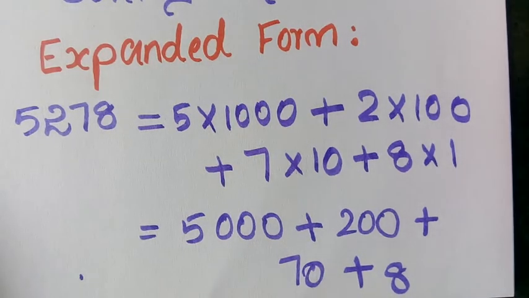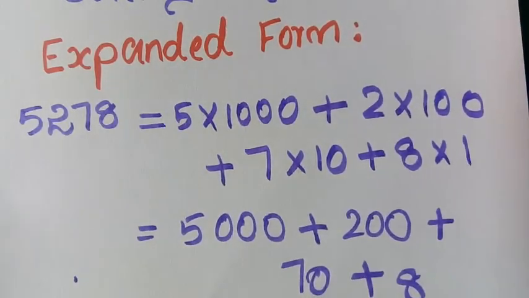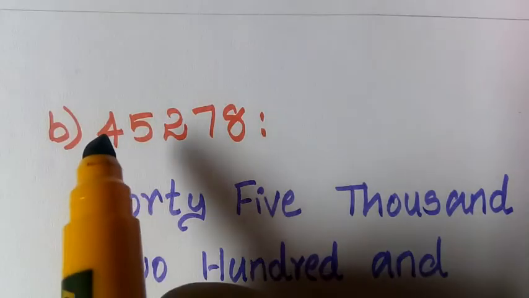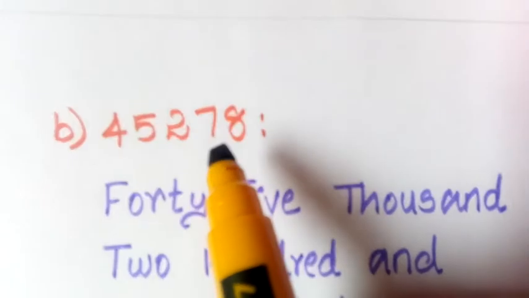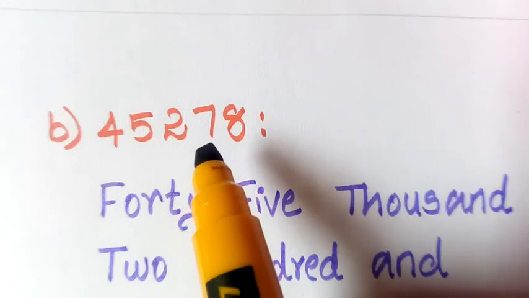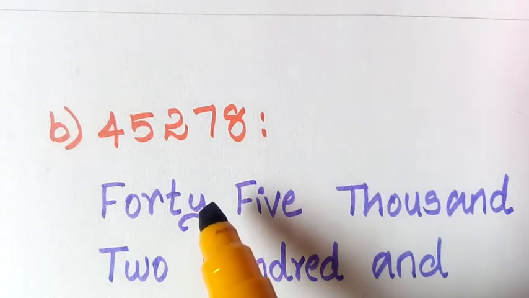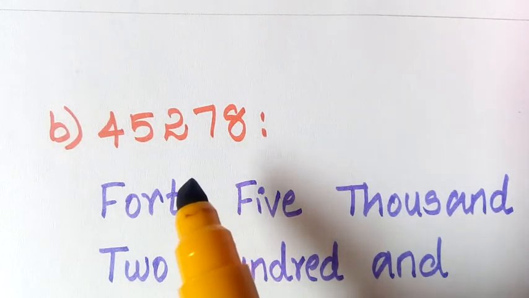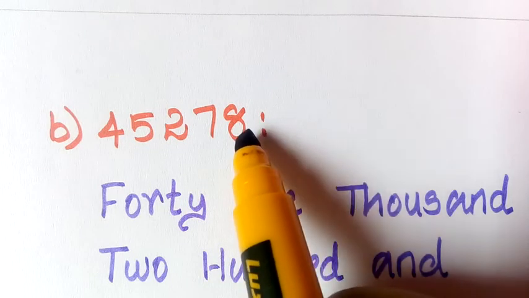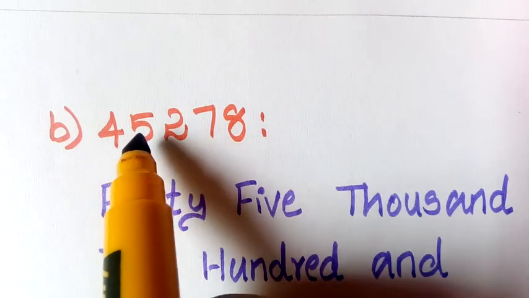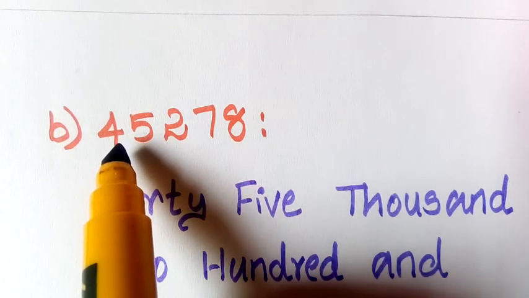Okay, let us check the next question. Children, first you need to read the number. How to read this number? By checking the place value, you can read the number. Do you know the place values? We will start from ones, tens, hundreds, thousands and 10,000s.